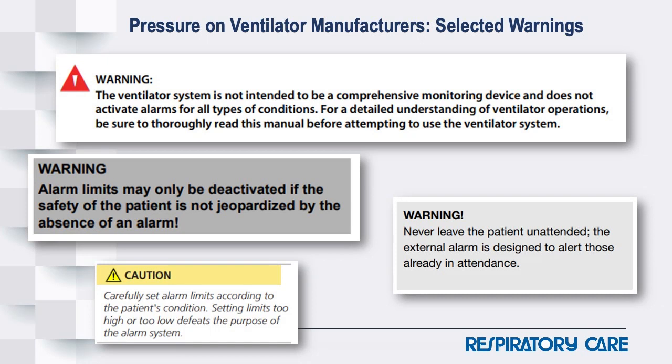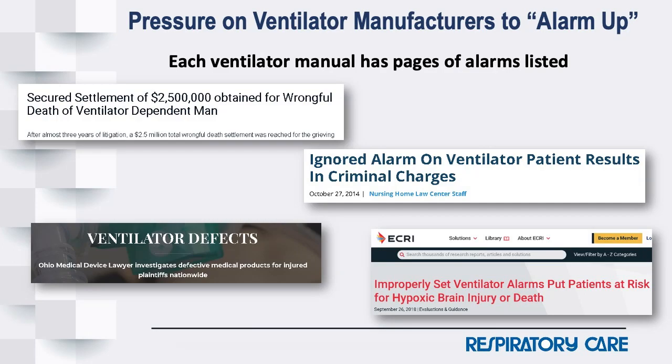The next slide is about problems like these, which is, again, legal pressure on ventilator manufacturers to really alarm up. Each ventilator manual, if you look at them, and I've pulled these manuals, including for ventilators that we don't use, just to take a look in addition to the ones that we use. Every manual for ventilators that I've found has at least 40 to sometimes well over 100 different ventilator alarms that can go off on the patient.